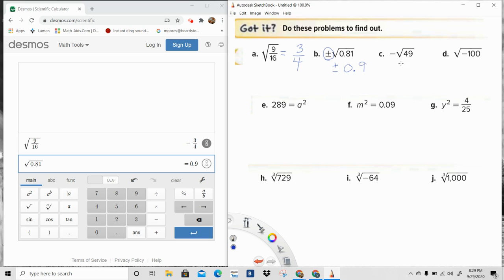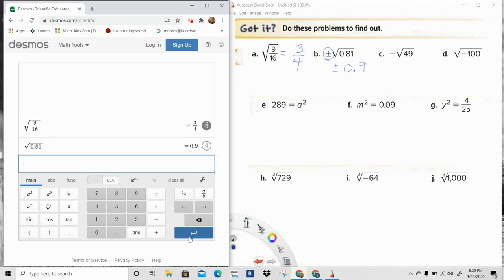Let's go on to the next one. Now here you notice they just have a negative outside. When you have the negative outside of the square root symbol, what they're asking for is the negative number that can be squared to get 49. The negative number that times itself equals 49. So on our calculator, you could put the negative sign first, and then put the square root, just so it looks exactly like it looks in your book.